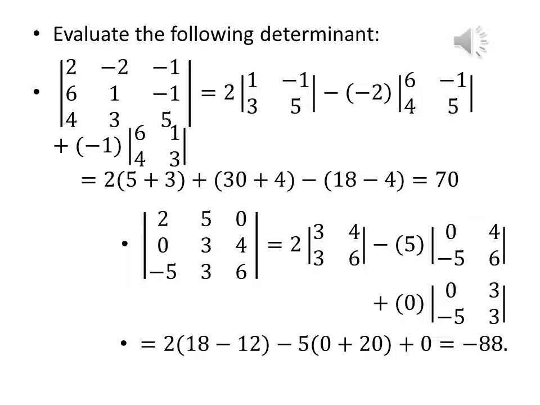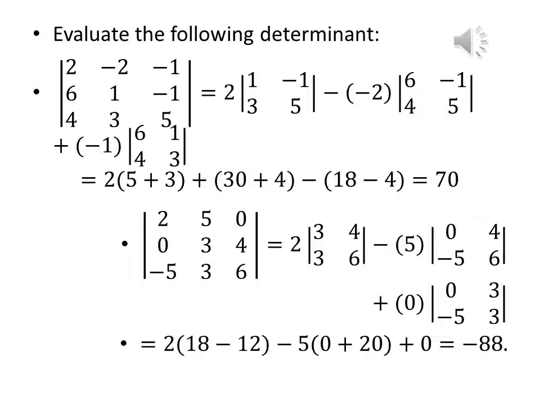The first row here is 2, negative 2, negative 1. With 2, cancel first row with first column. We get the matrix 1, negative 1, 3, 5. The value of this determinant times 2. Then negative, negative 2. Also cancel first row with second column.